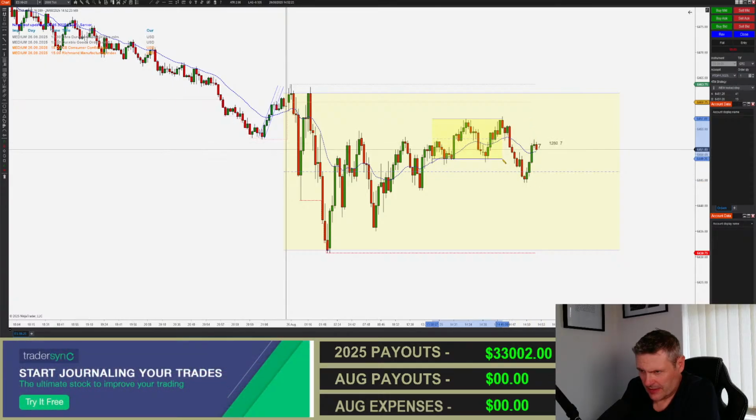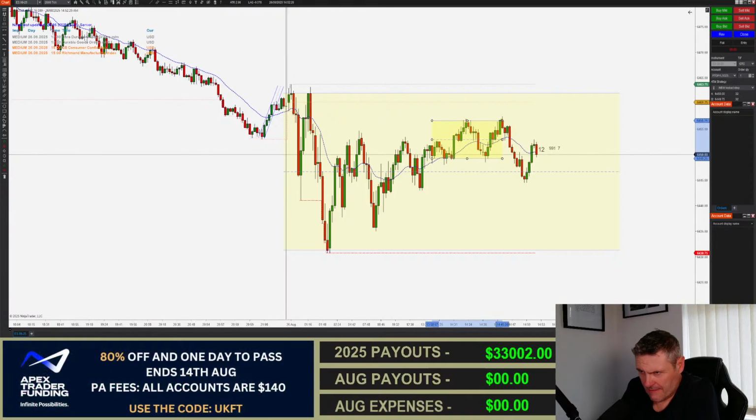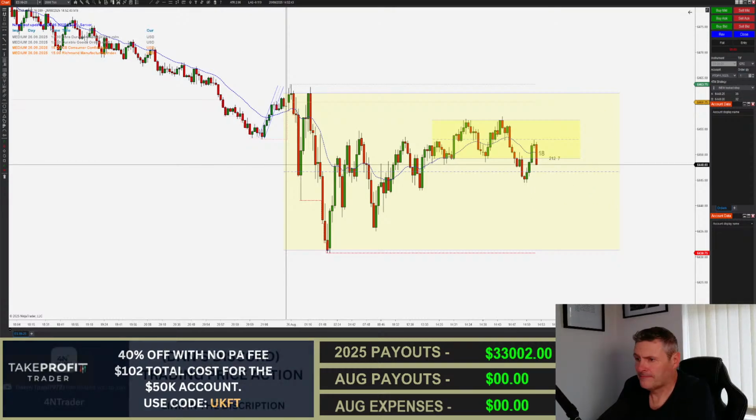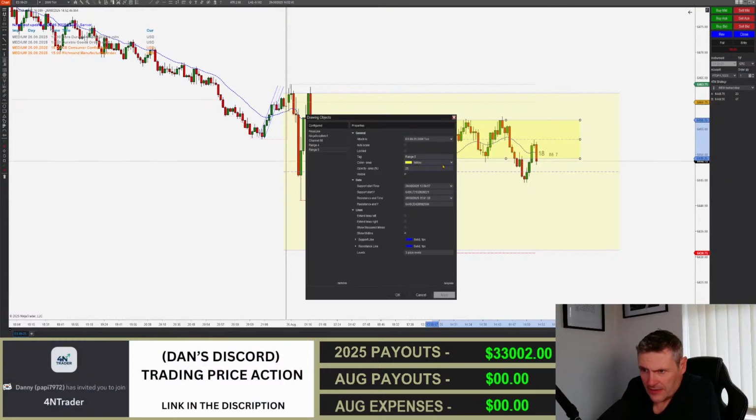It's not super clear, really. Let's change that colour.